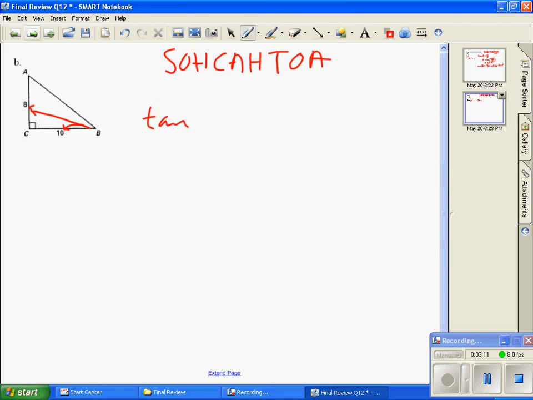Tangent of B equals opposite over adjacent. So B equals inverse tan of 8 over 10. Let's plug that in the calculator.